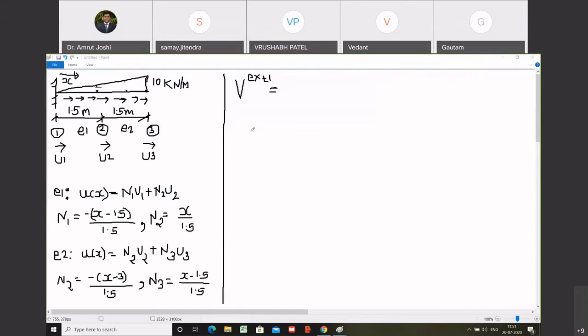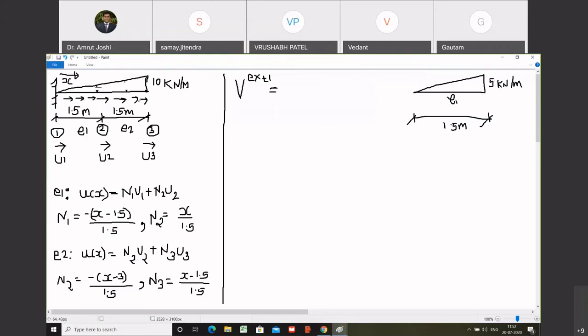Let us consider element number 1. Can you tell me how the external load is acting here? What will be the ordinate here? 5 kilonewton per meter, because we are considering element number 1 and we have this length as 1.5 meter.